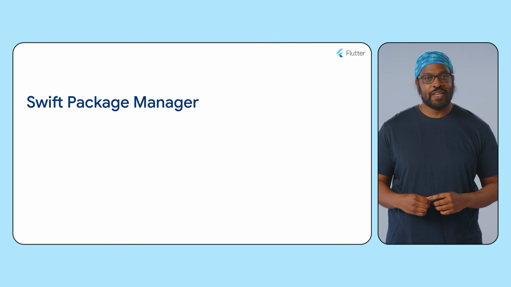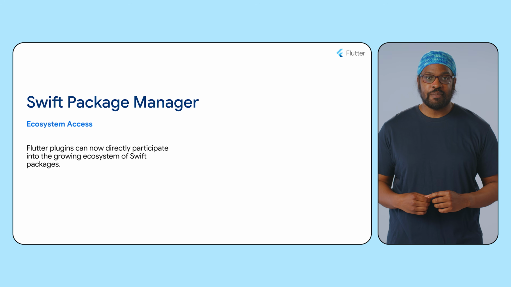On iOS, we're also tackling developer friction. For years, dependency management in the Apple ecosystem has been a headache, specifically the heavy reliance on Ruby and CocoaPods. We're changing that by making Swift Package Manager the default in Flutter 3.44. This provides two big advantages. First, ecosystem access.